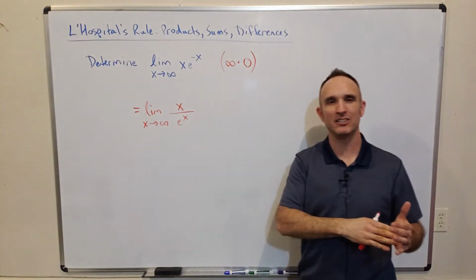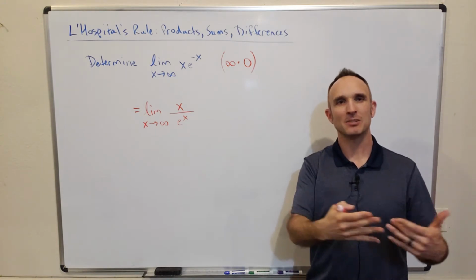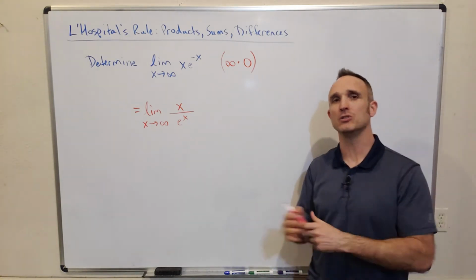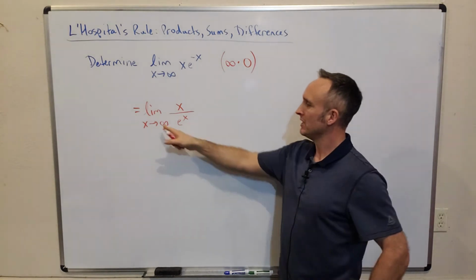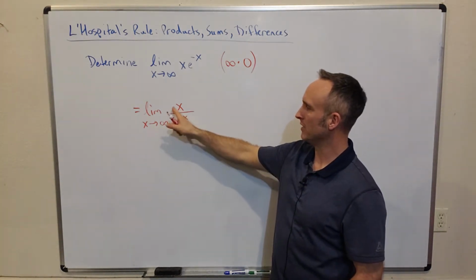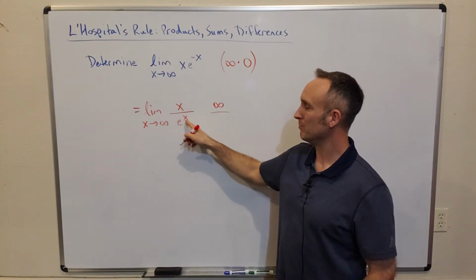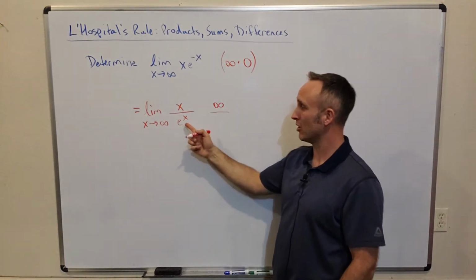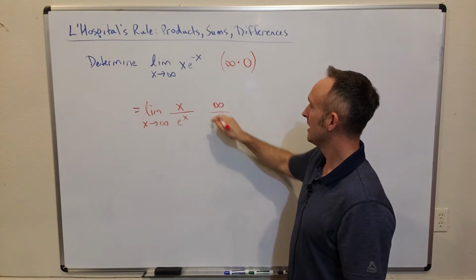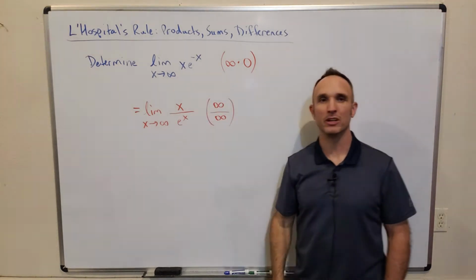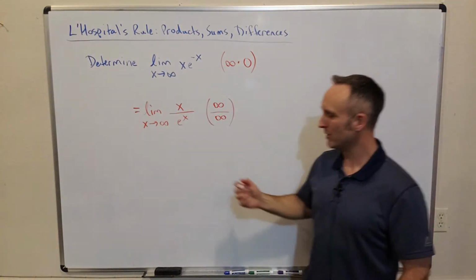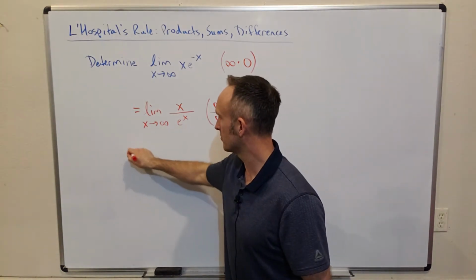Is this still indeterminate? It has to be indeterminate at this point in order to use L'Hopital's. Well, if we do direct substitution, we get infinity on top. E to the positive infinity is also positive infinity. And yes, we do get an indeterminate quotient. So now we can use L'Hopital's to finish this problem.